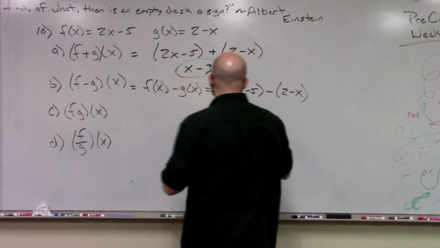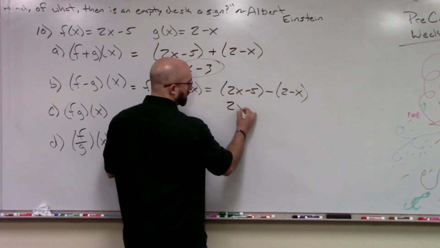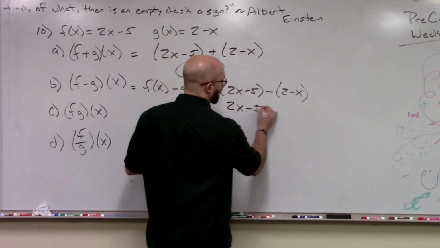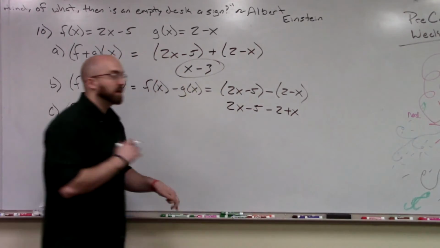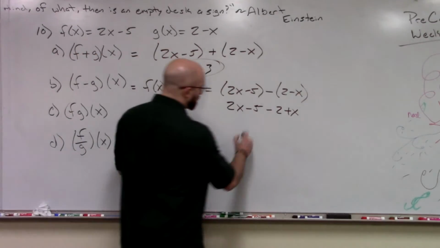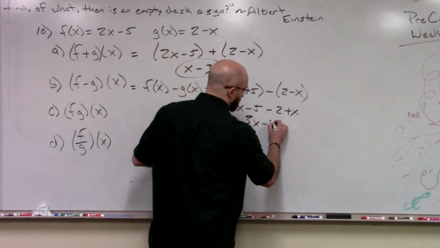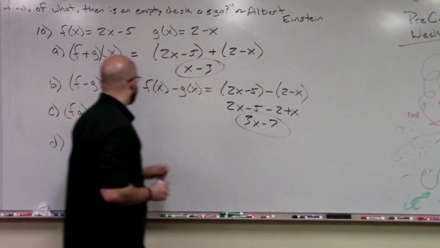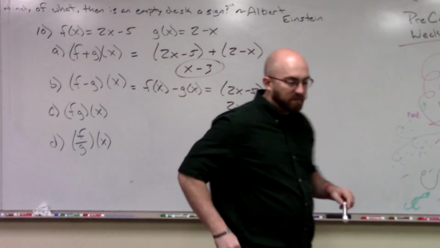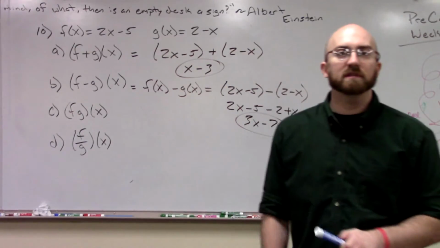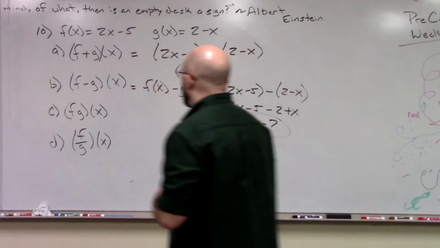So we're going to have 2x minus 5 minus 2 plus x. Combine like terms, and we should get 3x minus 7. And that's the answer there. So you've got to make sure you distribute that negative. That's the key part. Most students miss that, or they forget to do that.